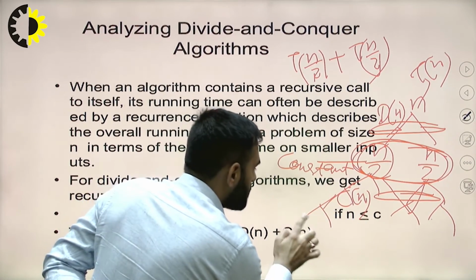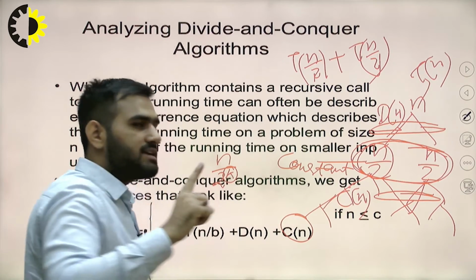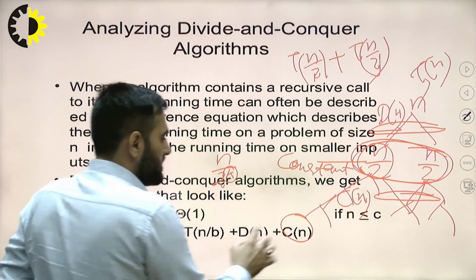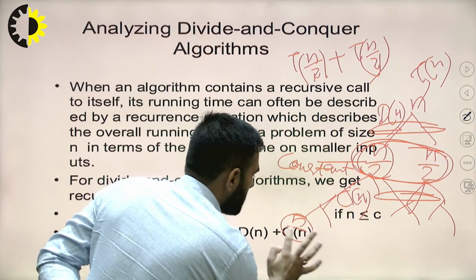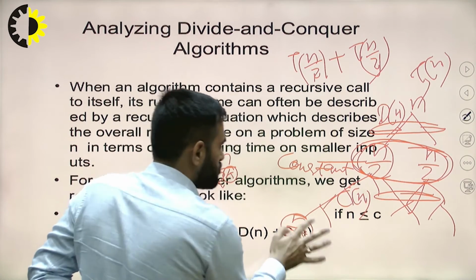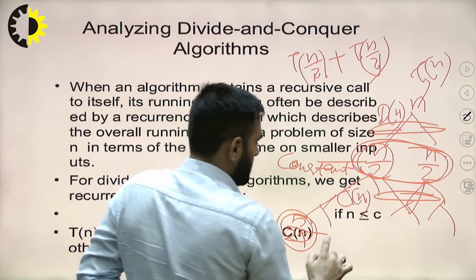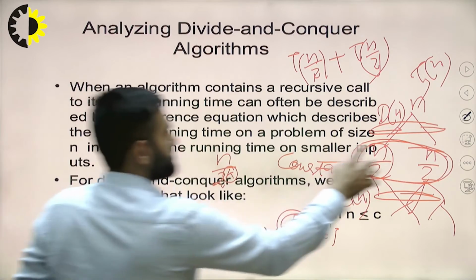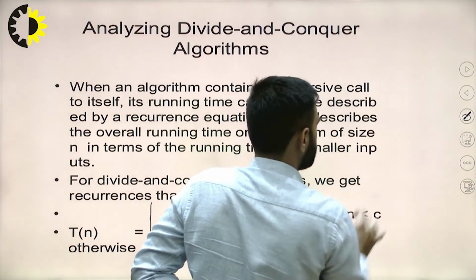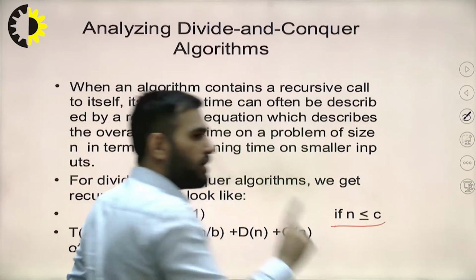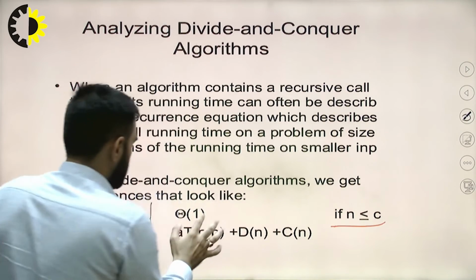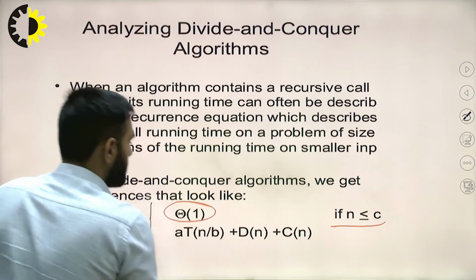When we reach the small problem. A small problem is when we get the small input size n equal to generally 1. Suppose n equals 2 to the power k. We are stopping here. It is a small problem. We will equate it to 1. That means when we have a small problem, a constant, or a 1 or a 2 or a 3, small constants only, we'll say it is a constant only.